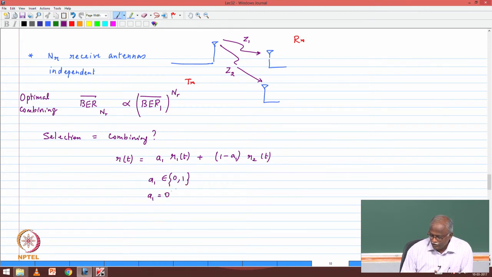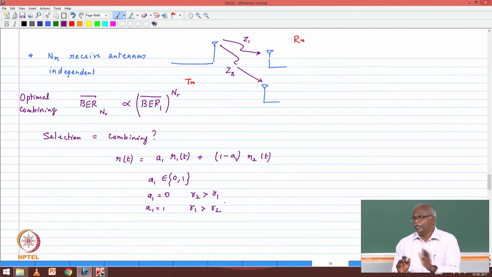A1 is equal to 0 if gamma 2 is greater than gamma 1, A1 equal to 1 if gamma 1 is greater than gamma 2. In other words, you are just setting binary weighting functions. So it is trivially a form of combining, and selection diversity also falls into the framework.